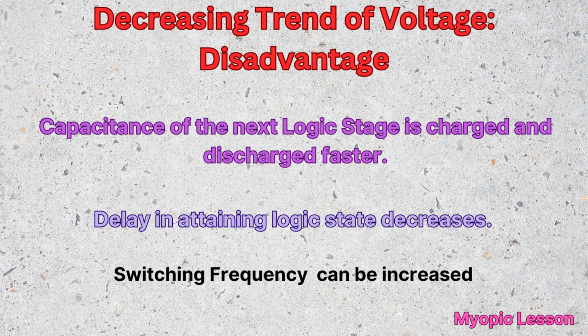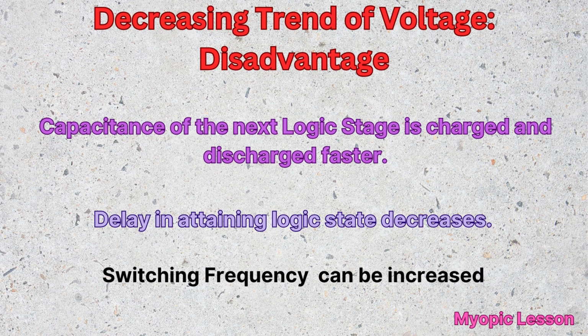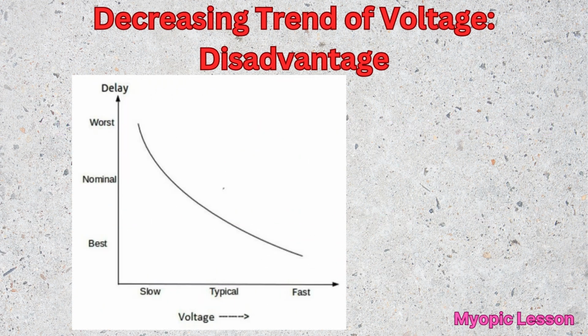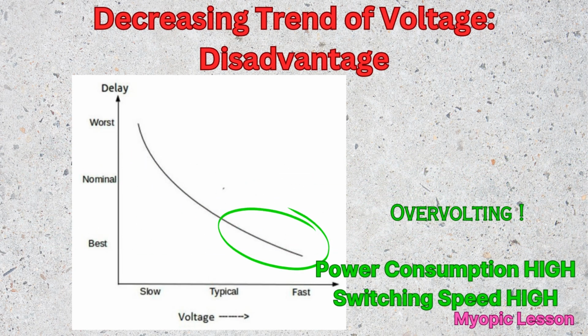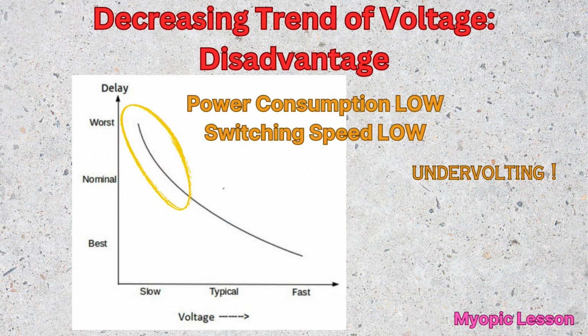As a result, switching frequency can be increased. With enhancement of operating voltage called overvolting, both of the power consumption and switching speed become high. Due to undervolting, on the other hand, both become low.